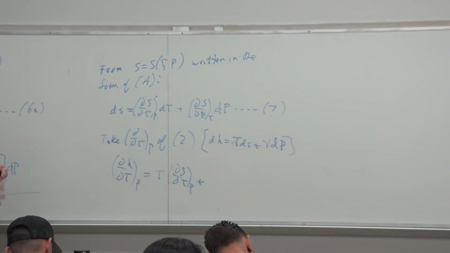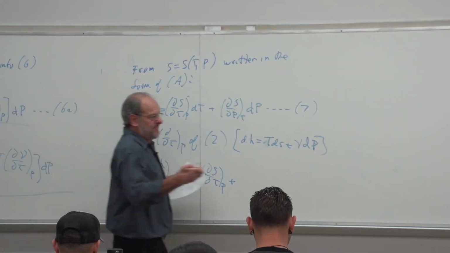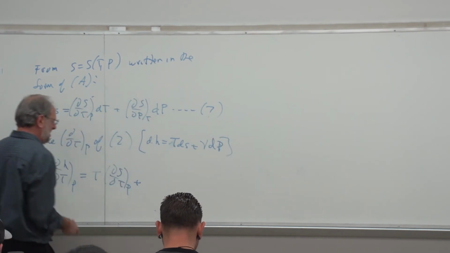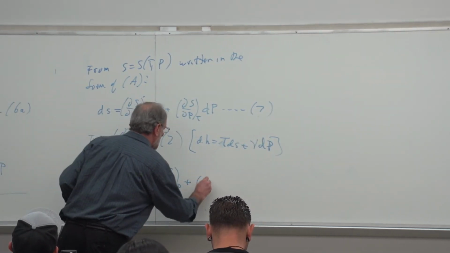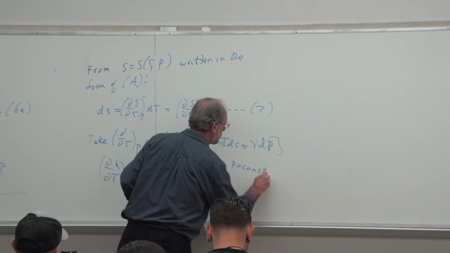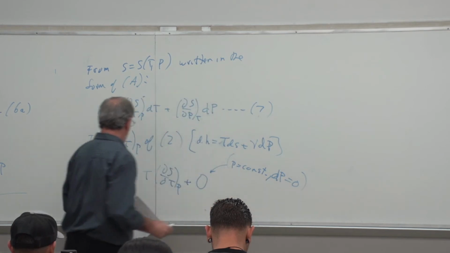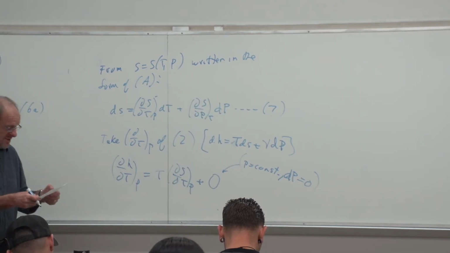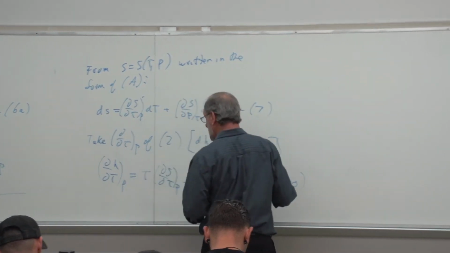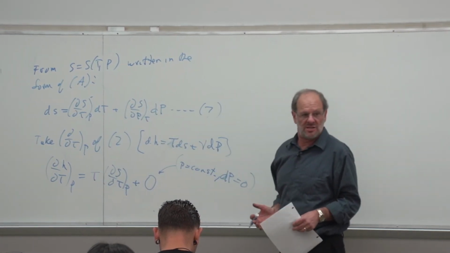All right, so the statement was still correct. If we're going to take the partial holding P constant, well, P is constant, right? So dP is just going to be 0. So we have that equation, but isn't (∂H/∂T)_P by definition Cp?